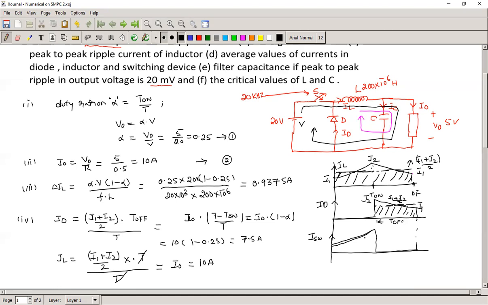Next, the switching device. This is the waveform. Again, this is I1, this is I2. Average current over on time, this is T on. Now this area divided by the total time period gives the average switching device current, which we write as ISW.